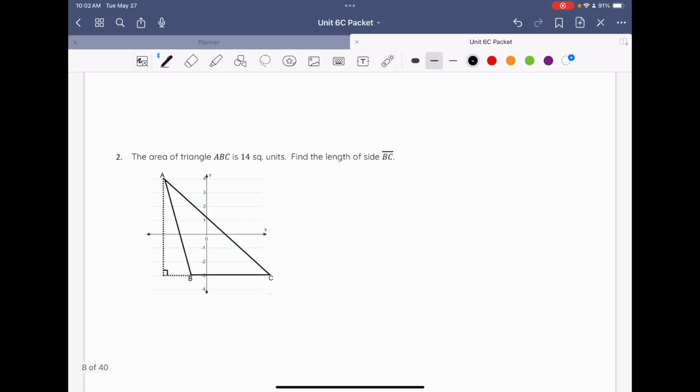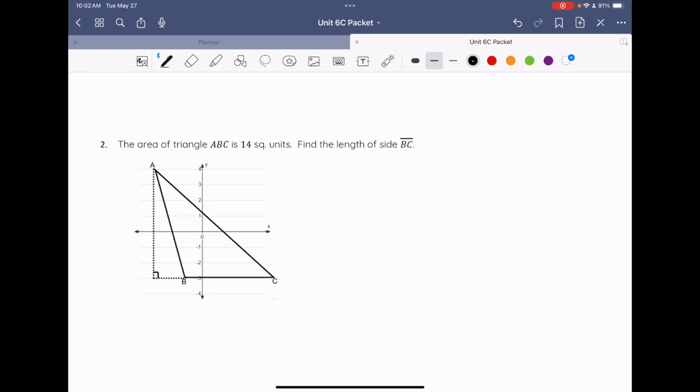Number 2, the area of my triangle is 14 square units. Find the length of side BC. All right, so I am given the area here. Let's write my formula. Area equals 1/2 base times height. They have told me that the area, or A, is 14. And I've got 2 other variables here. I have to find BC. Well, B to C is what I would consider the base, so that's going to be x.